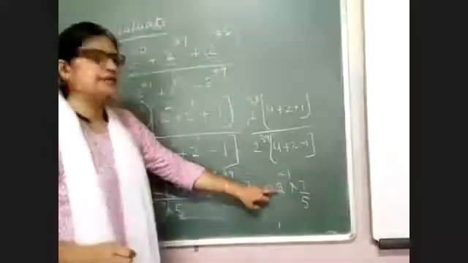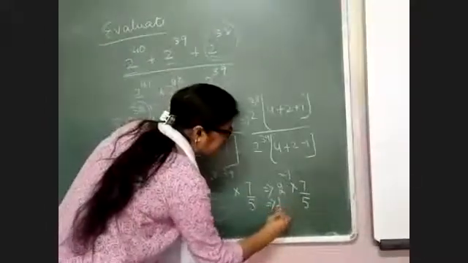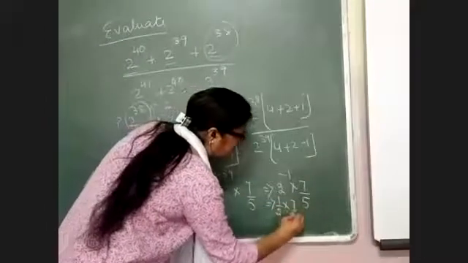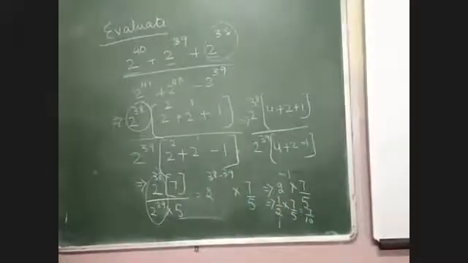How can you write 2 raised to the power minus 1? You can write it as 1 upon 2, into 7 upon 5, which is equal to 7 upon 10. Your answer is 7 upon 10.